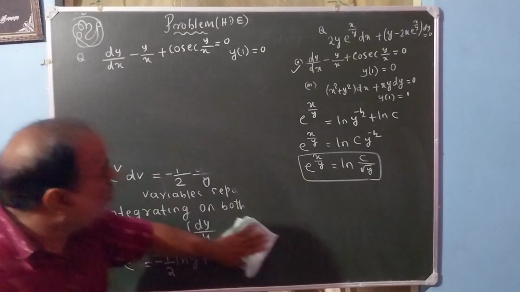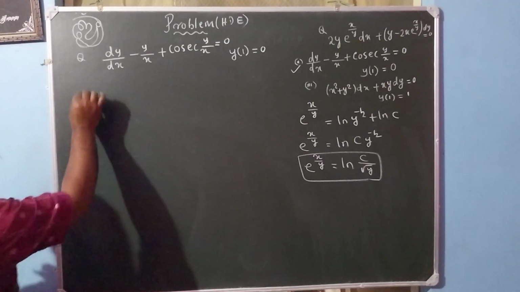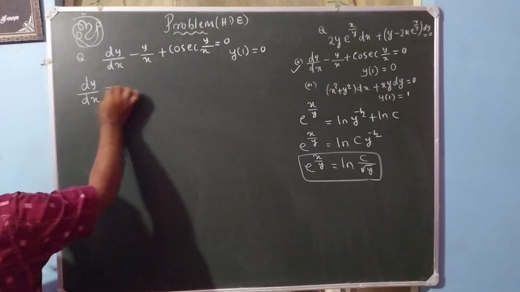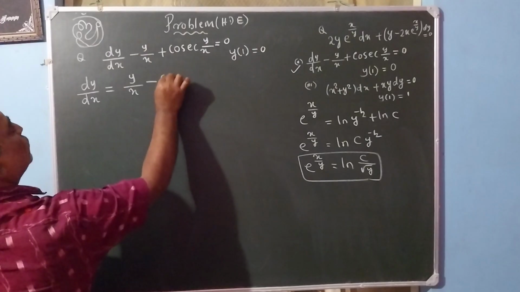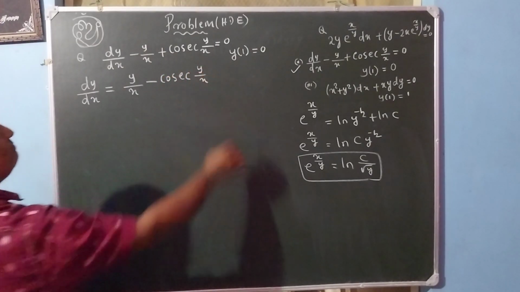So this can be written as dy by dx is equal to y by x minus cosec y by x.